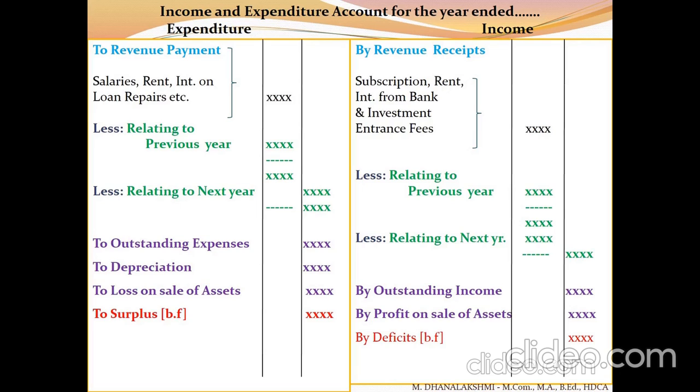Enter all the expenditure under the expenditure side, that is the debit side. Enter revenue income under the income side, that is the credit side. So in your expenditure, you have to enter only revenue payments belonging to the current year only. If you have any payment relating to the previous year and next year, just subtract that amount.